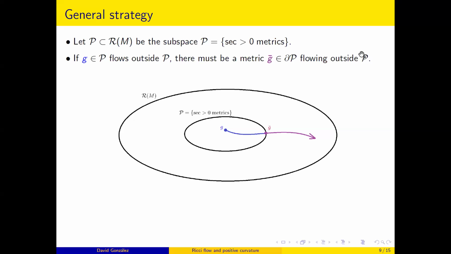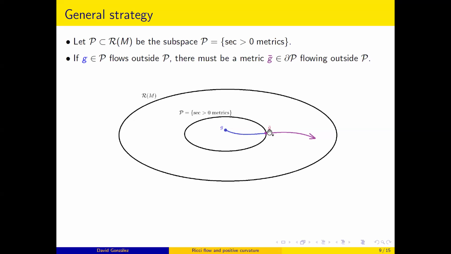It is a bit more involved than this. There is some technical detail behind, but I don't want to get into it. But this is essentially the idea. So the point of this observation is that you don't need to look at the whole space of positively curved metrics.